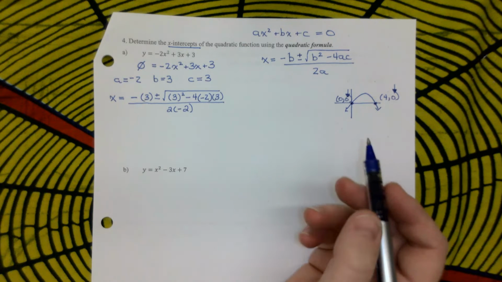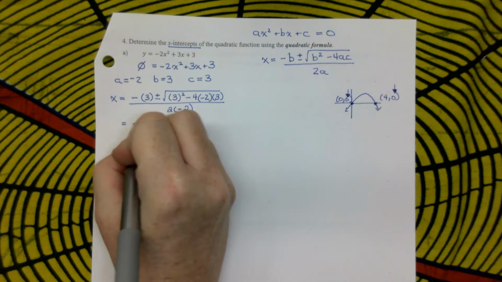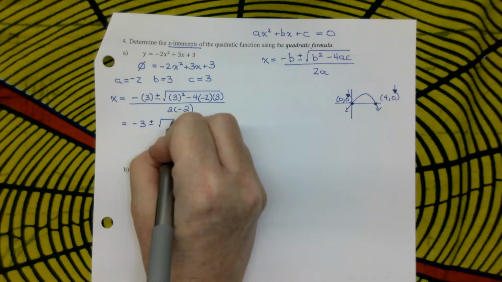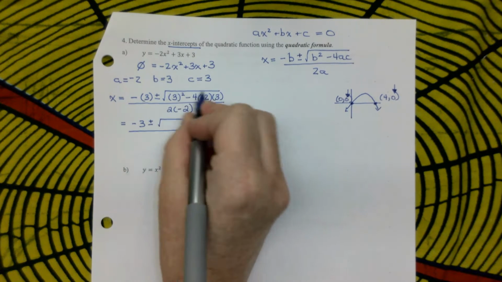So once I've gone ahead and substituted, then I can just start working through the math. I want to follow BEDMAS rules, so I have to do everything under the square root first.